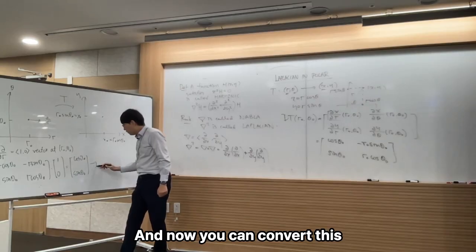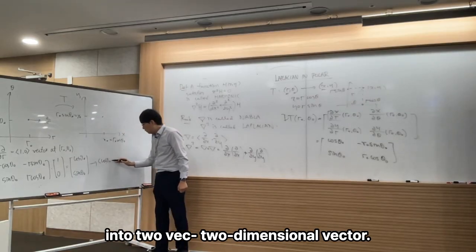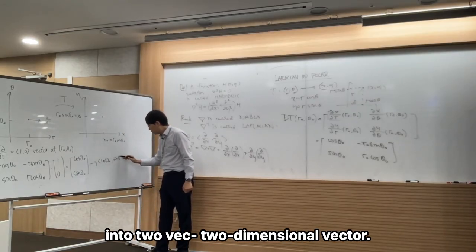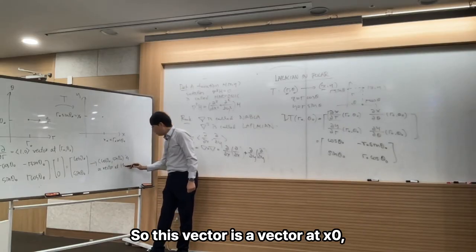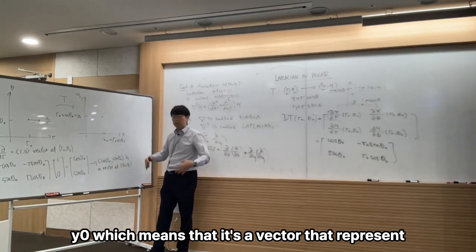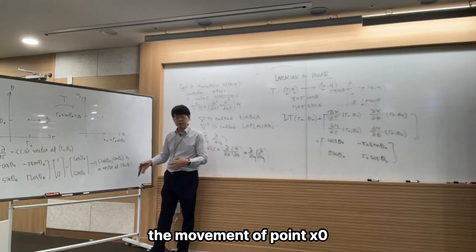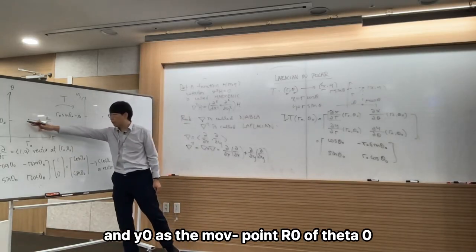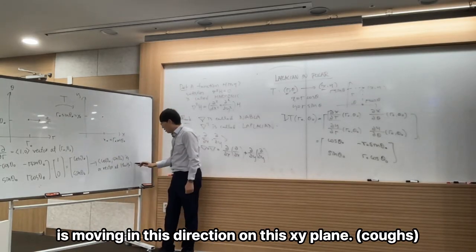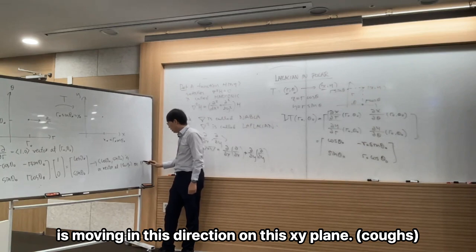Now you can convert this into a two-dimensional vector. This vector is at x0, y0, which means it represents the movement of the point x0, y0 as the point r0, theta 0 moves in this direction on the xy plane.